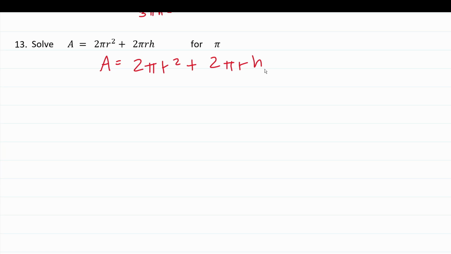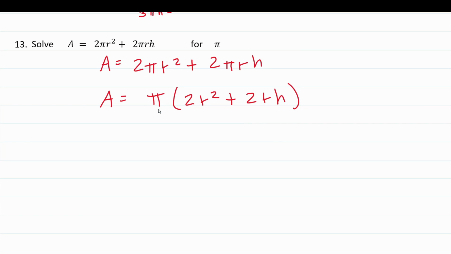And you might be saying to yourself, what's the approach to this one? How can I solve for pi? Well, I can actually factor out a pi from this right-hand side of our literal equation here. And when I factor out pi, I'm left with 2r squared plus 2rh.